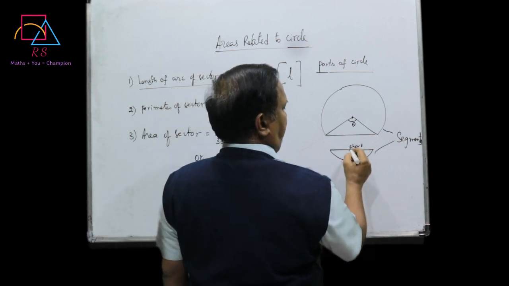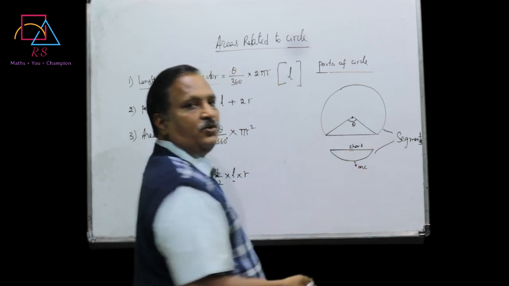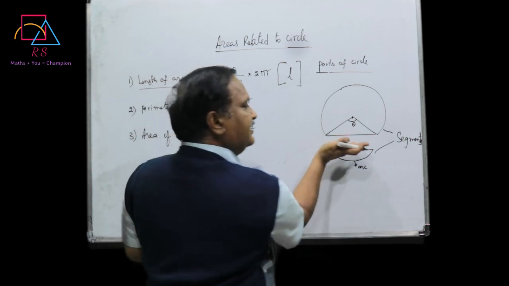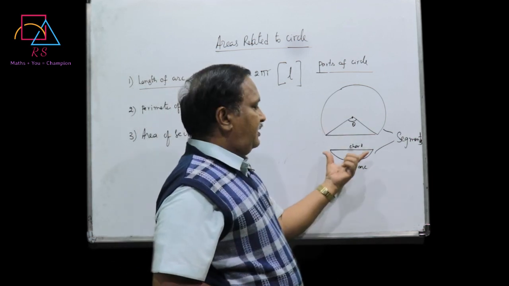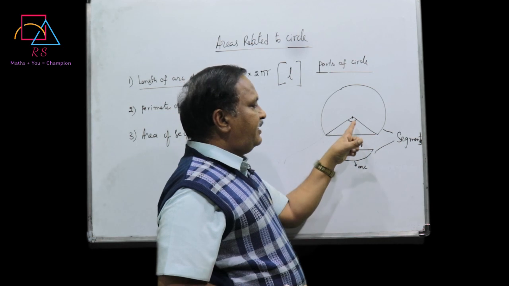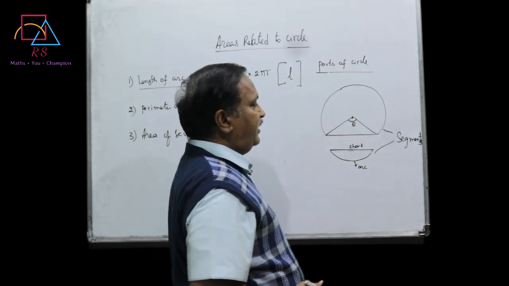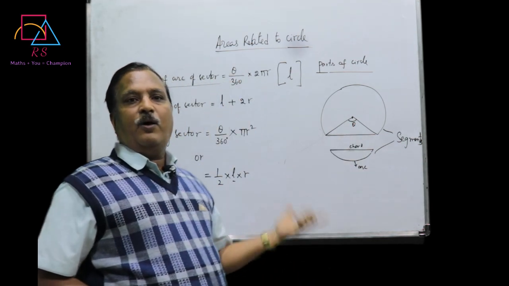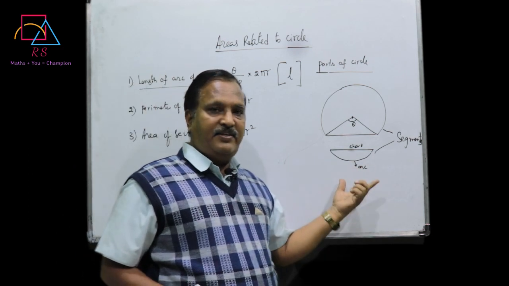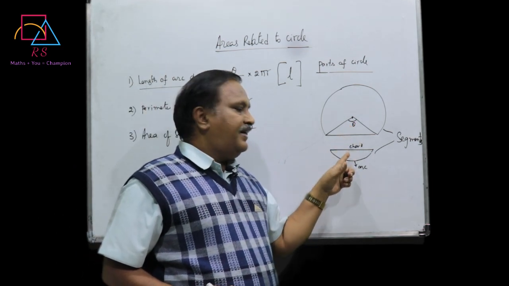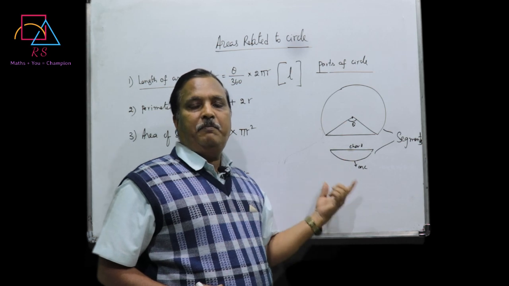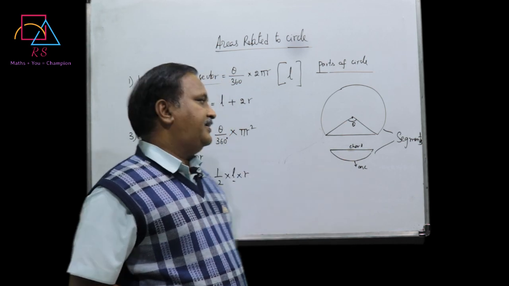So here in this, theta is not known. Right? Because it is above. But this chord is making an angle at the center. In the same way as defined in sector, theta will define a major segment or a minor segment.